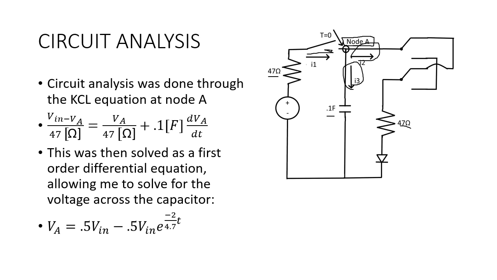After this equation was set up, it was solved as a first order differential equation, allowing me to solve for the voltage across the capacitor, eventually giving me a VA, the voltage across node A, of 0.5 Vn minus 0.5 Vn multiplied by the exponential to the power of negative 2 over 4.7 t, Vn in this case being the voltage of the battery.